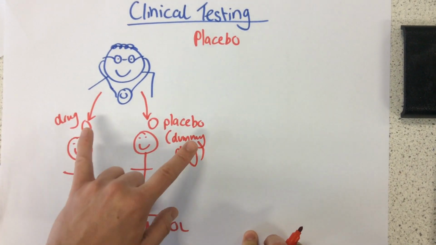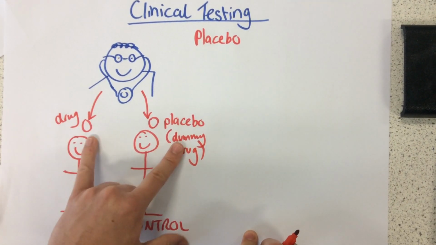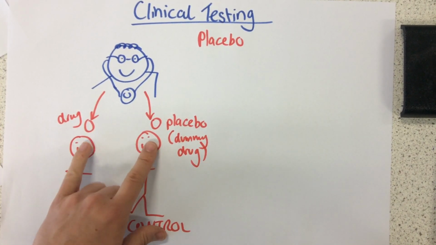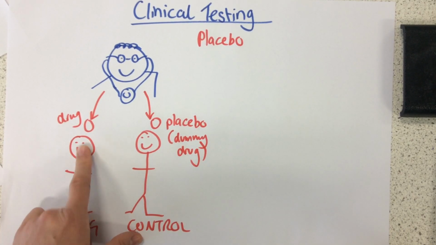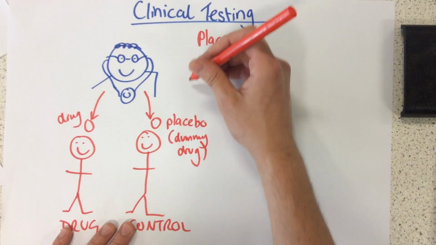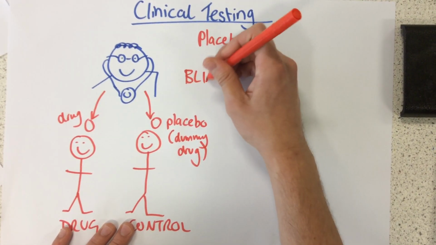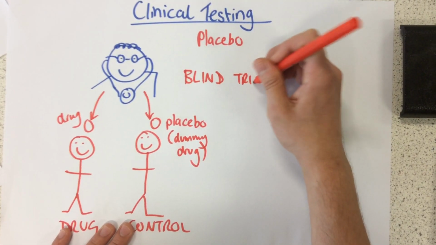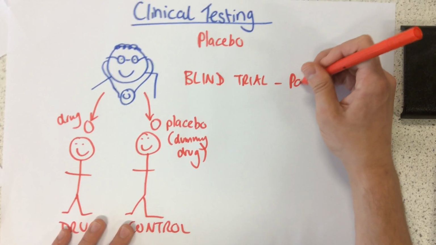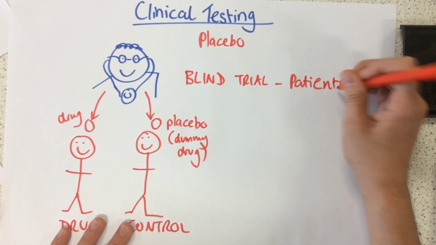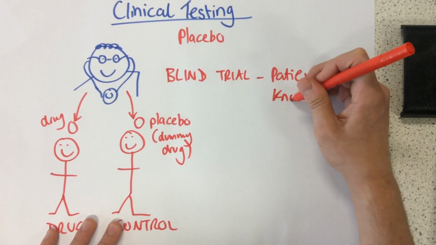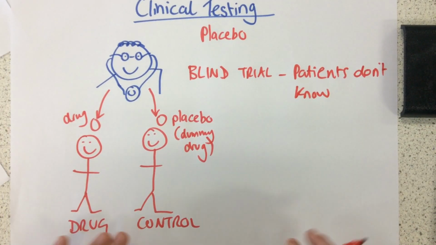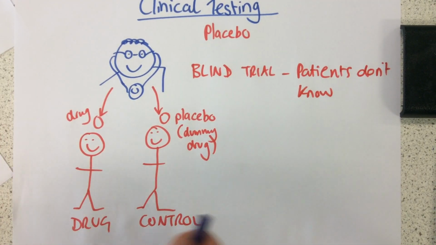Now, what we've got to do is make sure that the two people don't know which one is taking the drug and which one's taking the placebo. This is called a blind trial. So the patients don't know whether they're in the drug group or they're in the control group. Now, that's kind of one way.